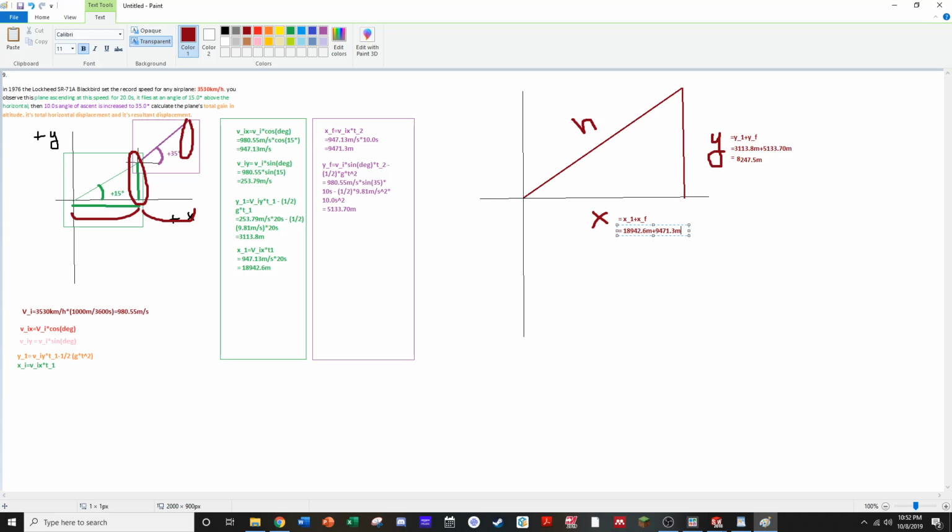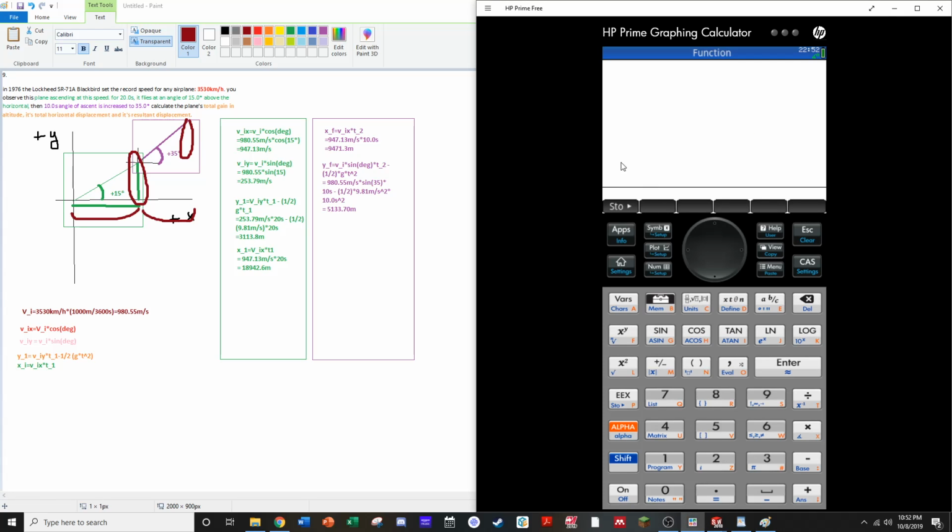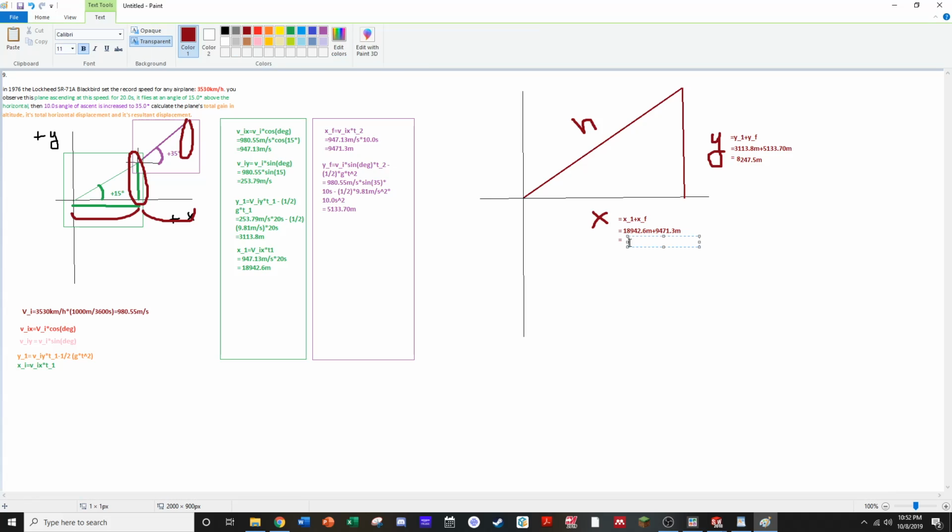Now we are going to plug that value into our calculator. 18,942.6 plus the x value, 9,471.3. That gives 28,413.9.